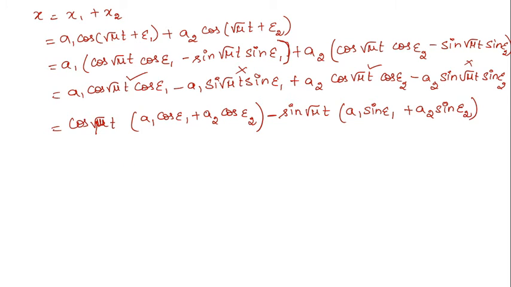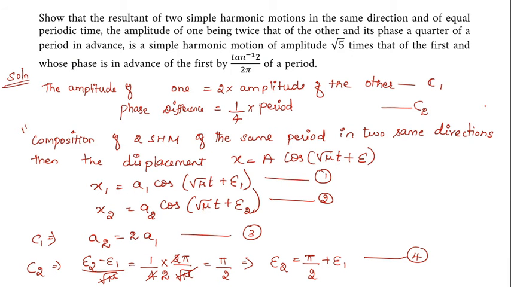Okay, so look at this. These are in terms of cos and these are in terms of sine. So I can take this as capital A cos epsilon. Let me mark this as equation 5, as we already have the fourth equation.